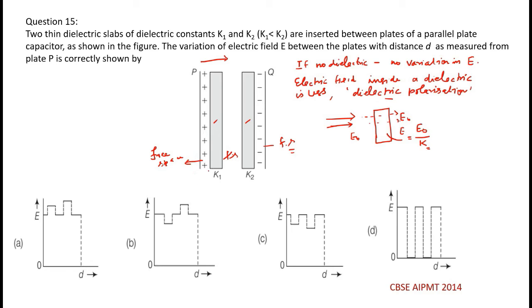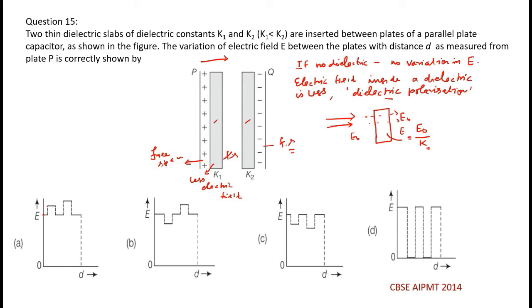Now come to this. So here field will be less. So we start analyzing the graphs. Here the value is, say, E, some value, when D is 0. So that's the field at the beginning.